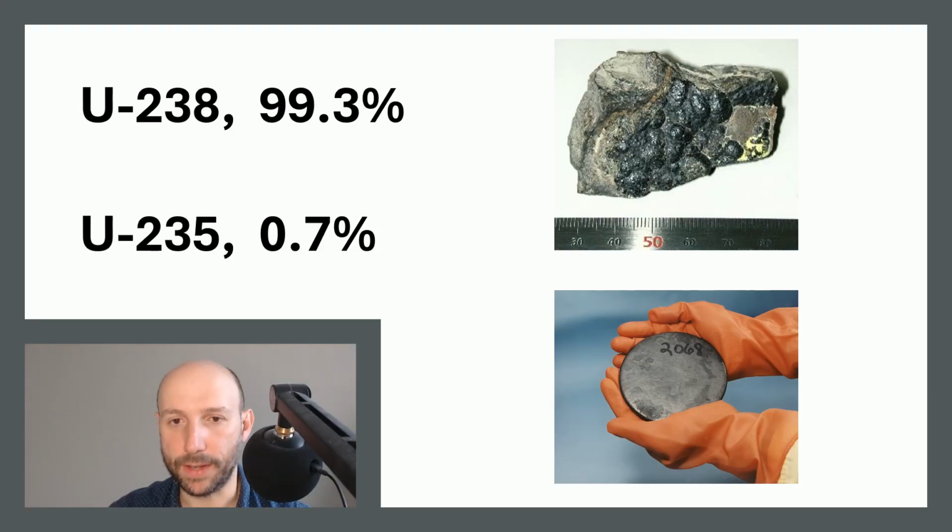And when uranium is found in its natural form, about 99.3% of it is uranium-238 and only about 0.7% of it is uranium-235. But uranium-235 is the one that is needed for production of nuclear energy or for nuclear weapons. And the reason why is right here.